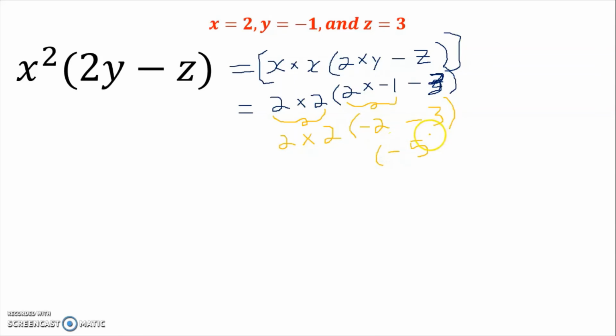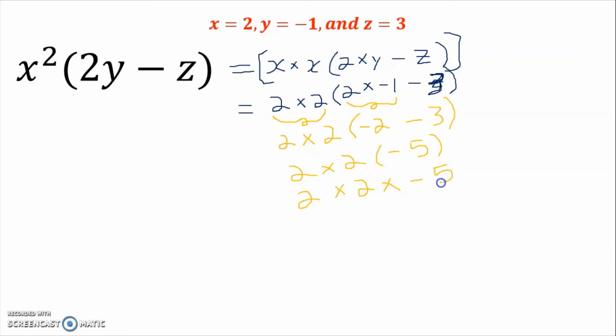We put back our bracket, then outside the bracket we bring down the 2 multiplied by 2. Now this bracket here simply means multiplied by. So we get 2 times 2, and since bracket means to multiply, multiplied by -5.